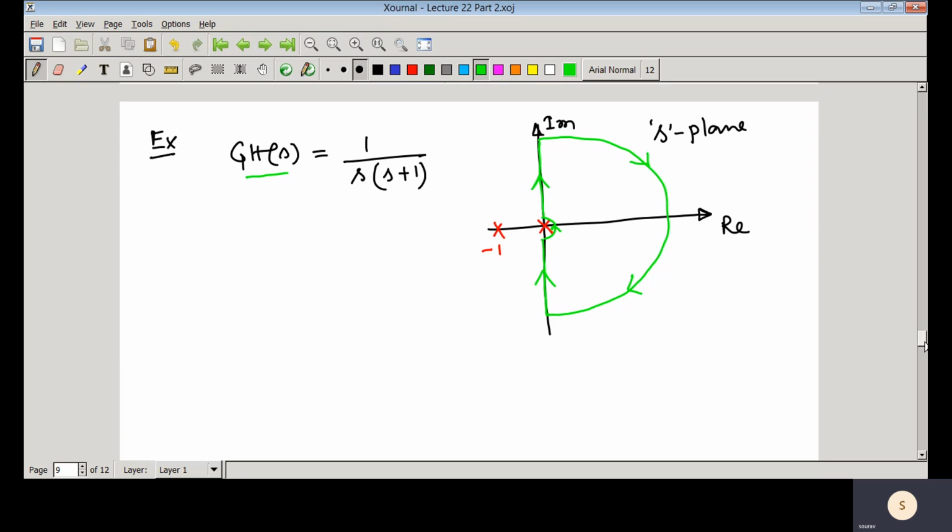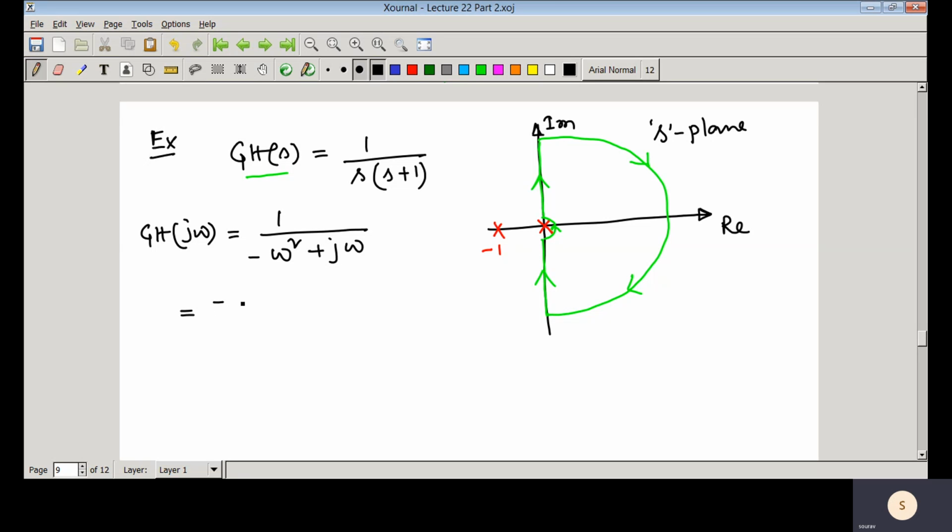So the first step, as we have discussed, you need to do G(s)H(s) at j omega. First step is this one: you replace s equal to j omega. If you replace that, you would have omega square plus j omega.